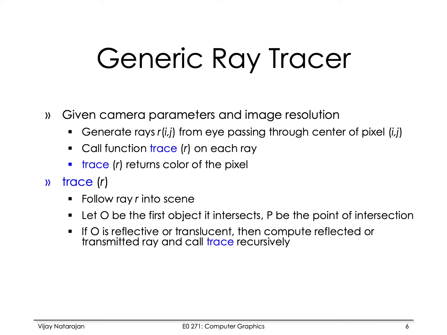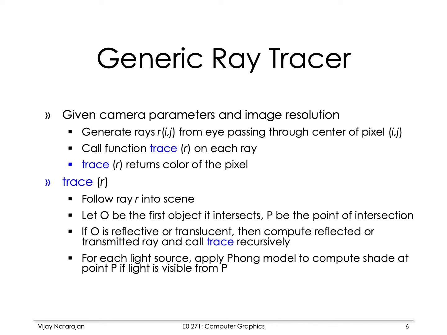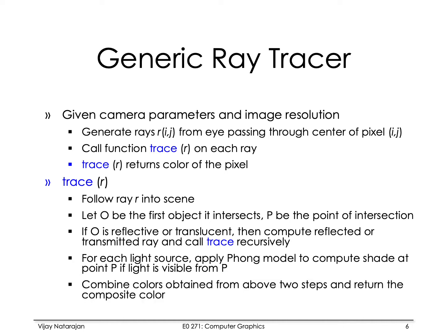If O is reflective or translucent, then we would want to compute a reflected or a transmitted or refracted ray and call trace recursively from the point P. So for each light source at the point of intersection, which is P, we would apply the Phong model to compute the shade if the light is visible from P. Now we would combine this shade together with the shade computed by the reflected and translucent rays to return the color at the particular pixel.